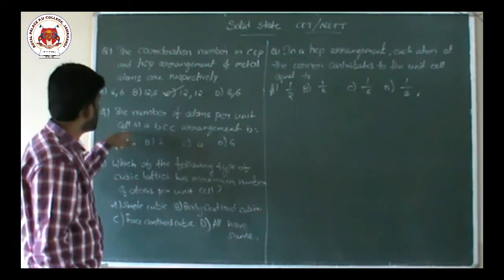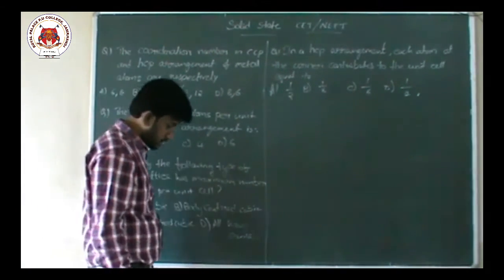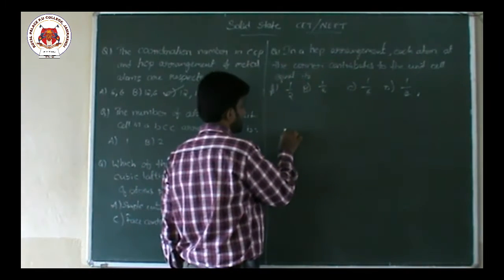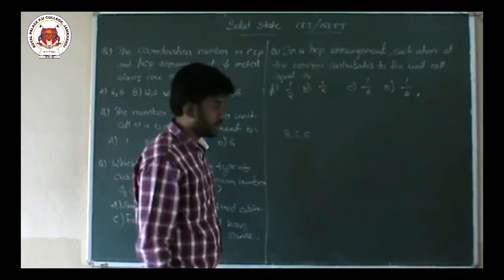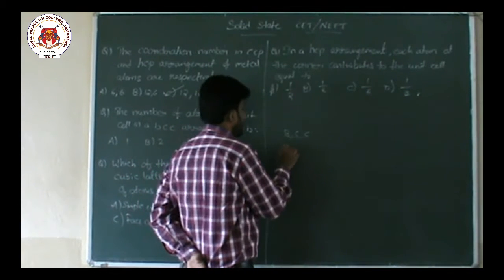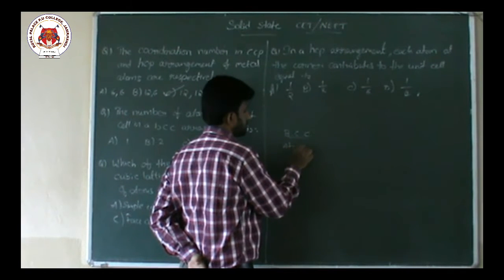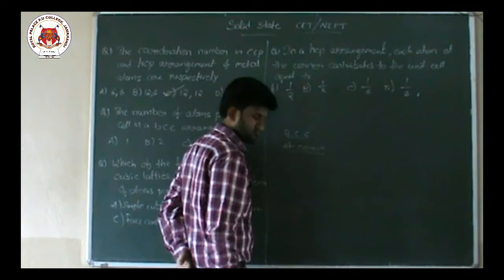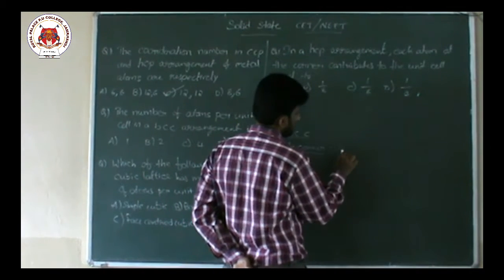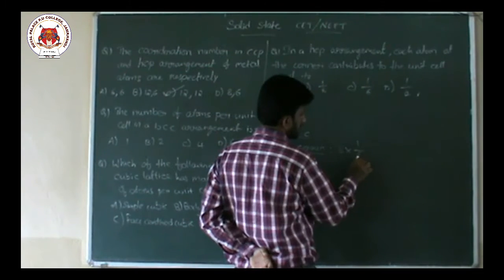The number of atoms per unit cell in a BCC arrangement is. In BCC arrangement, what is the calculation? First of all, at corners 8 atoms are present. 8 atoms means 8 into corner contribution 1 by 8.